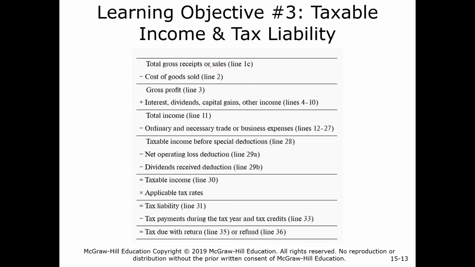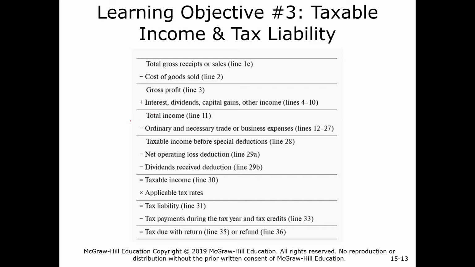Beginning with our gross receipts, we subtract our cost of goods sold to arrive at gross profit. Then, different from financial reporting, we add our portfolio income or any other income to arrive at total income.